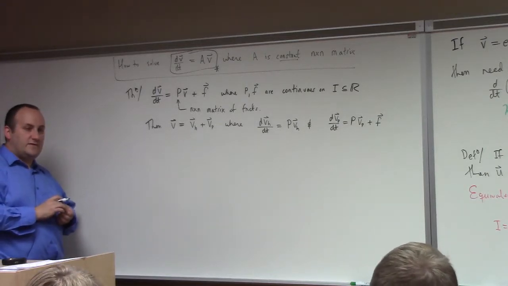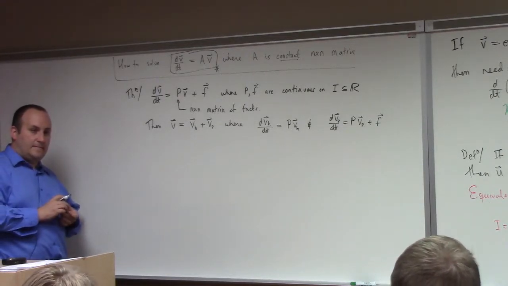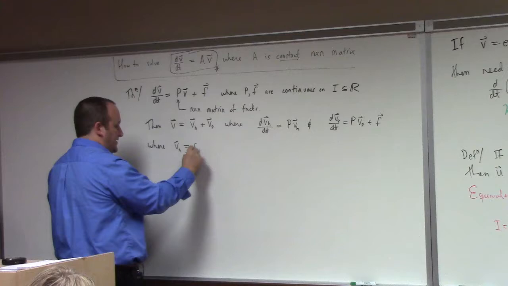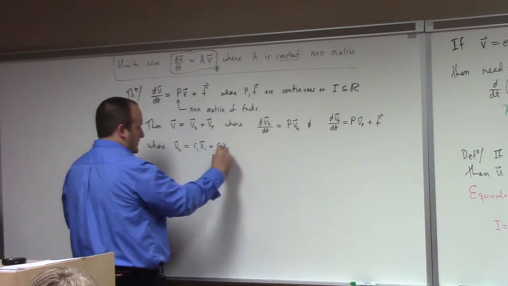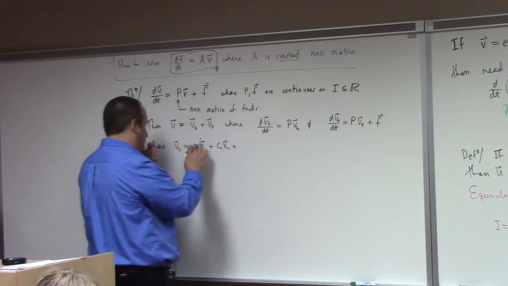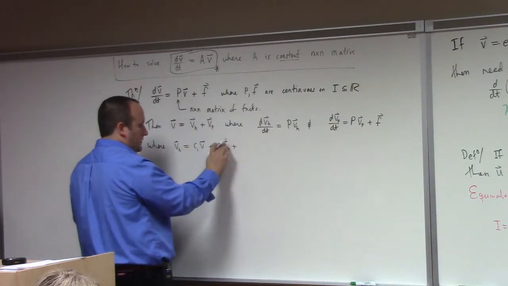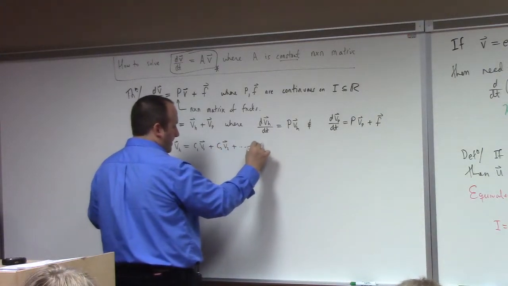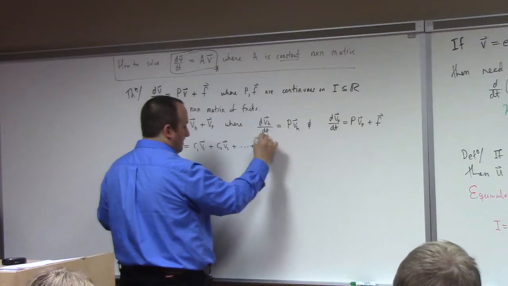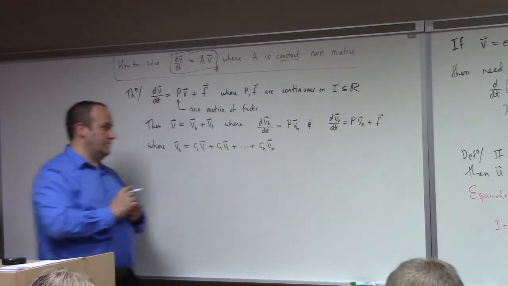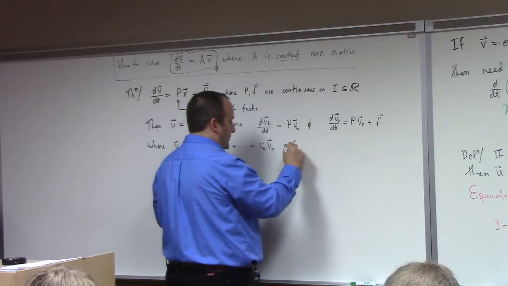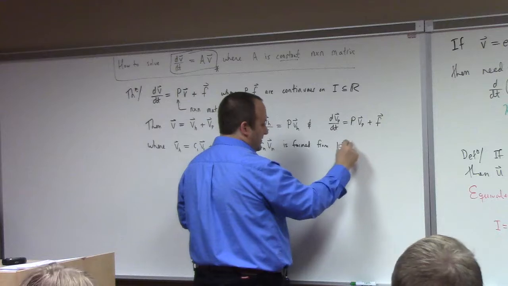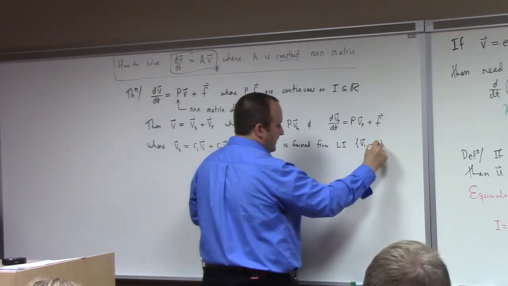The general solution is a linear combination of those, where VH is equal to C1 V1 plus C2 V2 plus up to Cn Vn, formed from linearly independent V1 through Vn.